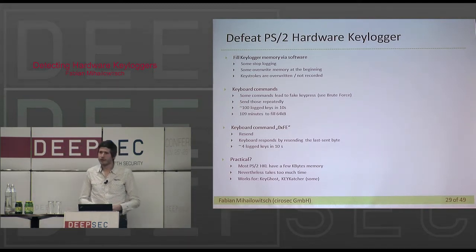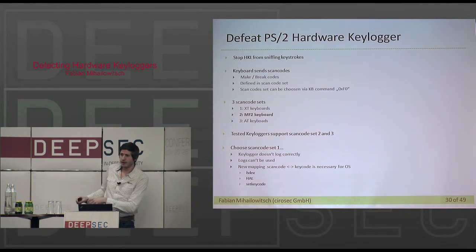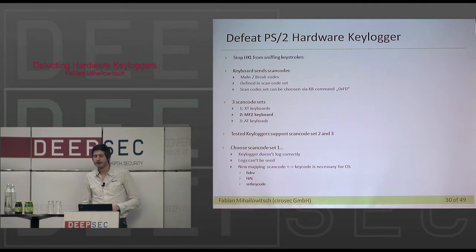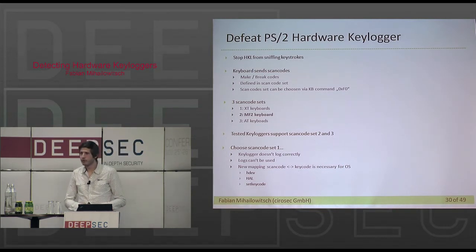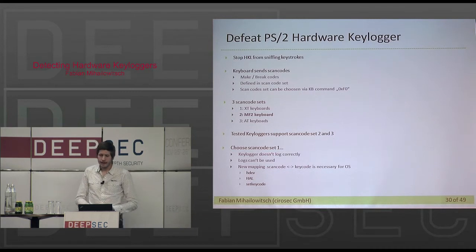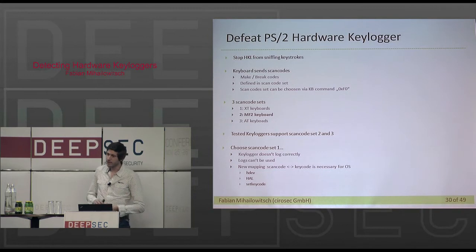But it would be even cooler if we could stop the keylogger from reading our keystrokes instead of just overwriting its memory. And we can do that too. Like I said, once you press a key on your keyboard, the keyboard generates a scan code which is sent to the PC. And you have a make code, break codes, and all those scan codes are defined in a so-called scan code set.